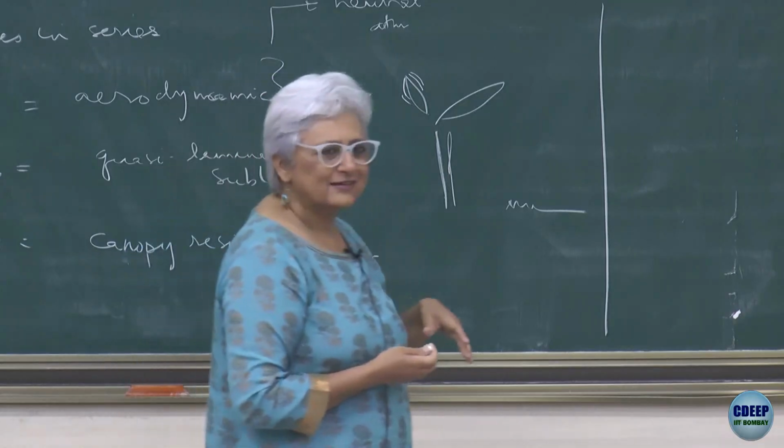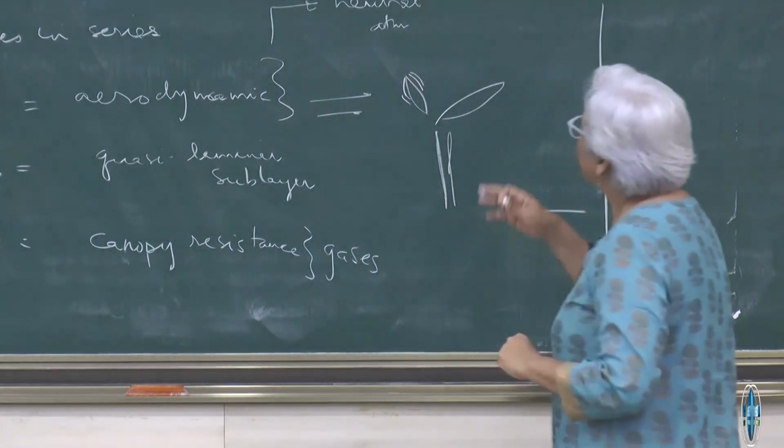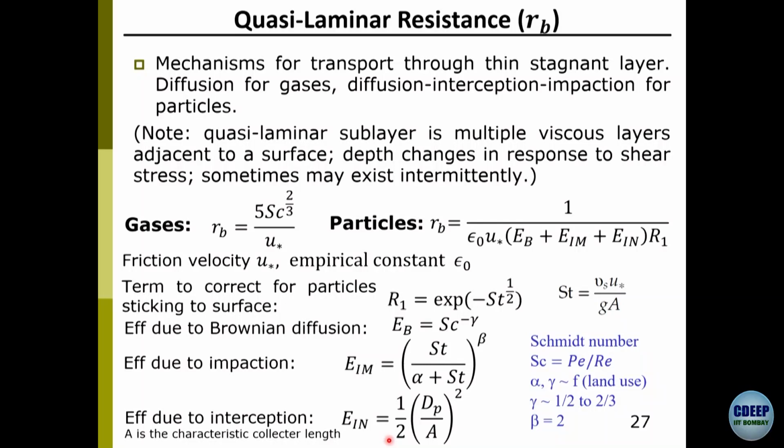You will see something that says I have an RB in terms of a given empirical constant, the friction velocity in the atmosphere, and then an efficiency, where that B is Brownian diffusion, the IM is impaction, and the IN is interception, right?